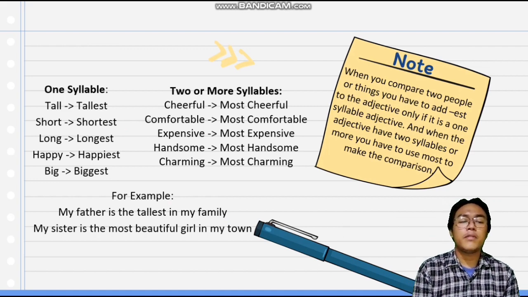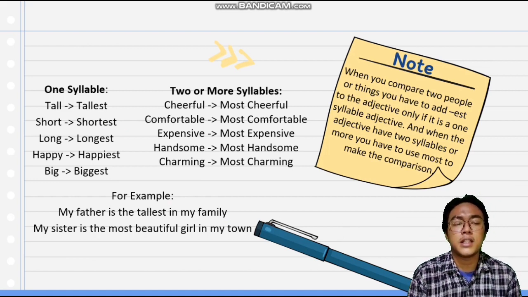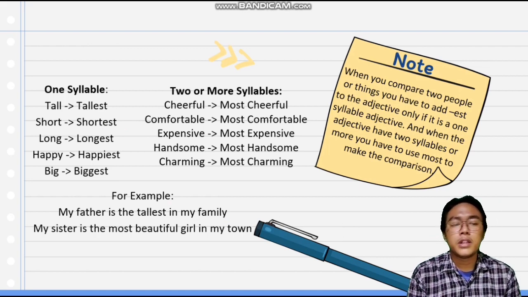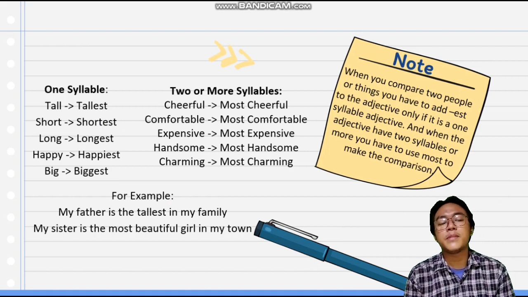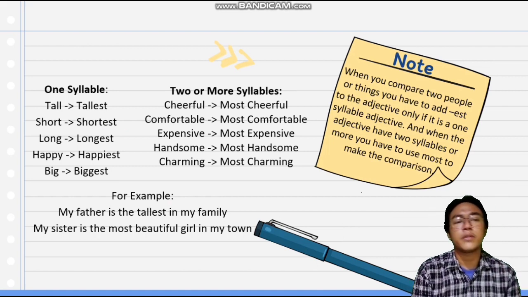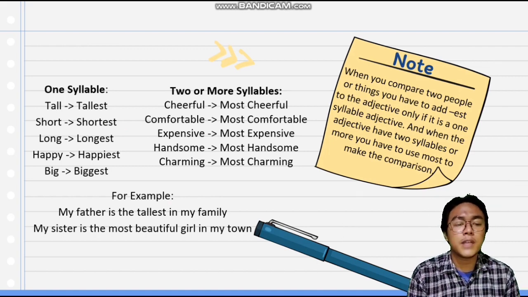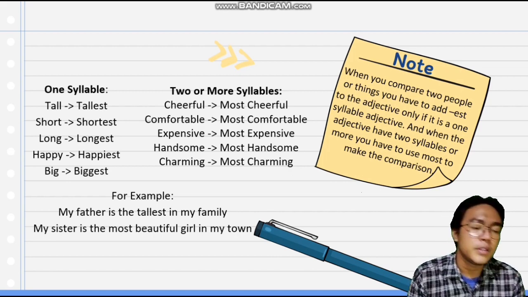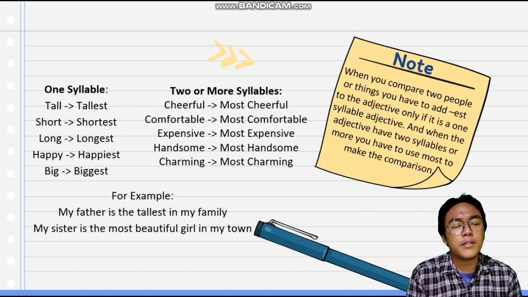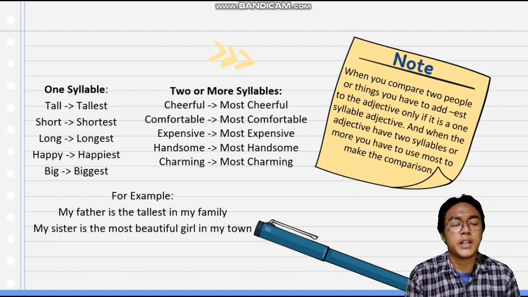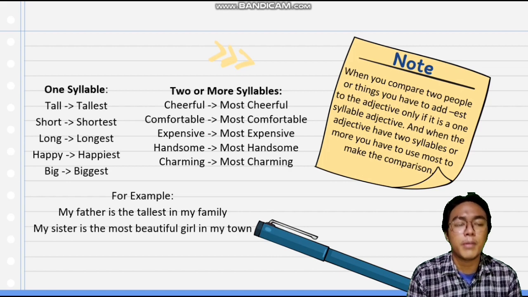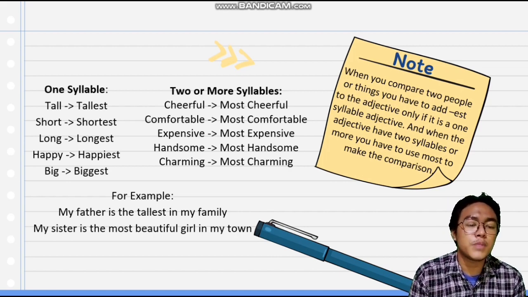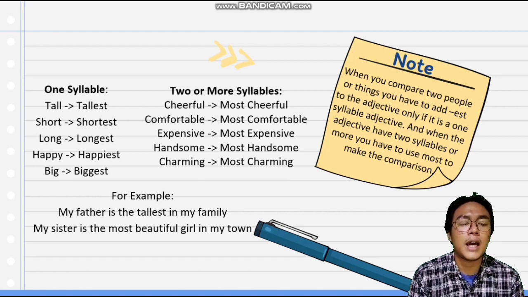And the examples for two or more syllables are cheerful to most cheerful, comfortable to most comfortable, expensive to most expensive, handsome to most handsome, and charming to most charming. The examples for superlative degree: my father is the tallest in my family. And the second one, my sister is the most beautiful girl in my town.